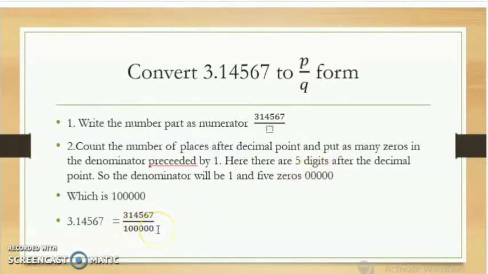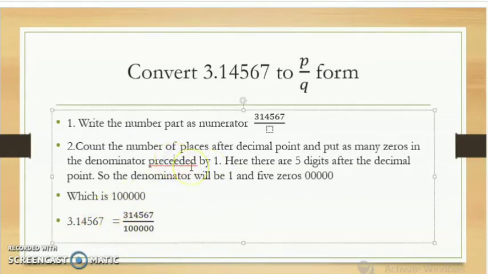So the p by q form of 3.14567 is 3,14,567 divided by 1 lakh.